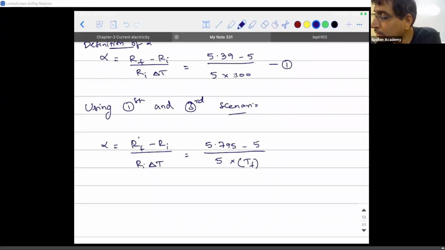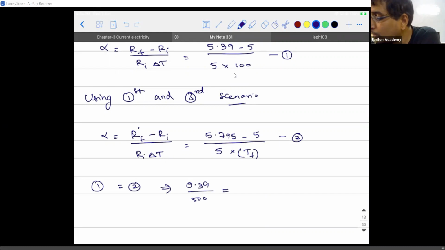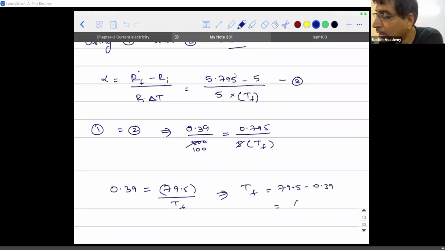Since the LHS is the same, equate the RHS. 0.39 divided by 500 is equal to 0.795 divided by 5 into TF. 5 will cancel, and 100 times 0.795 gives 79.5. So 0.39 is equal to 79.5 divided by TF, which implies TF is equal to 79.5 divided by 0.39. Whatever you get, that many degrees Celsius is the answer. And obviously your answer should be greater than 100.